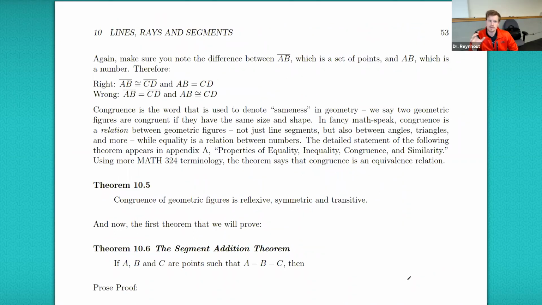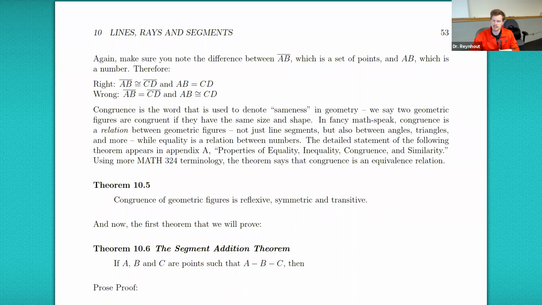We want to make sure that we are perfectly clear on the notation that's being used. So AB with a line over it represents a line segment. AB with nothing over top of it represents a number. It is the distance between the points A and B. So two numbers can be equal to each other.